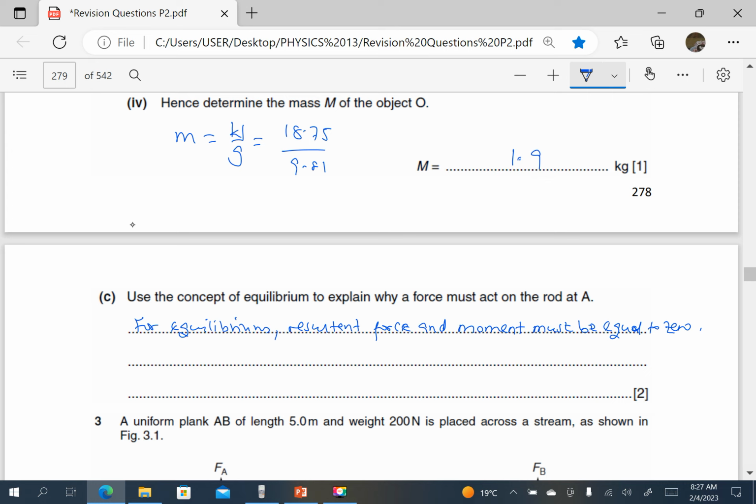So we are saying for equilibrium, the resultant force and moment must be equal to zero. Since the upward force does not equal the downward force, the beam is not balanced by the forces shown.